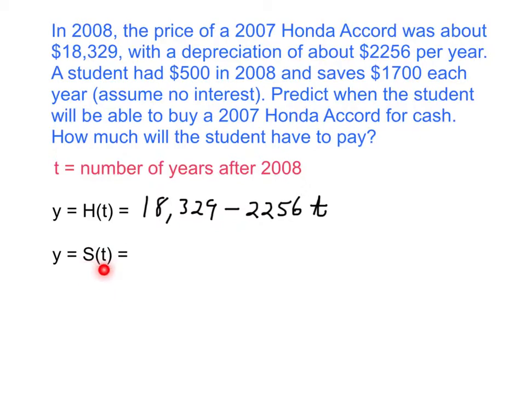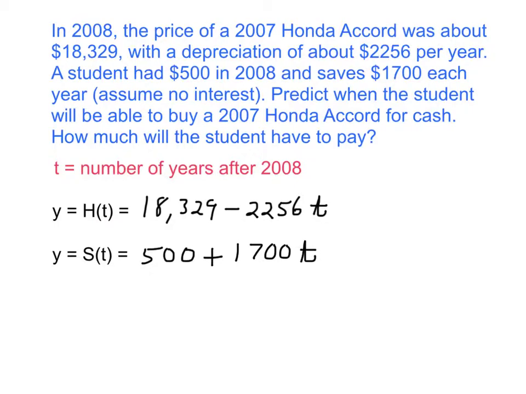Now, the student started with $500, so that's like the initial amount, and then he's going to save additional money, so we're going to add to the savings by $1,700 each year. So we'll multiply 1,700 times however many years pass.